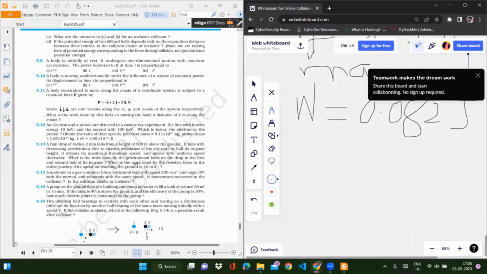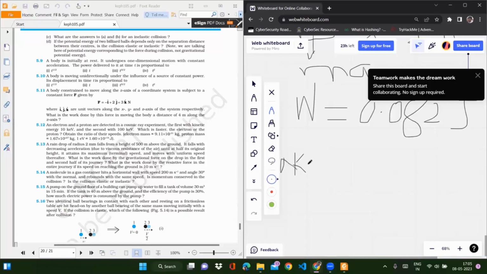Now the terminal velocity was achieved, and it moved with uniform speed, and it reached the ground with the speed of 10 meters per second. So the kinetic energy can be calculated. Initially the drop was falling, it had zero kinetic energy, and finally it has kinetic energy due to this velocity.